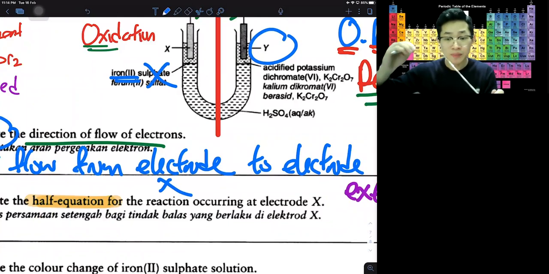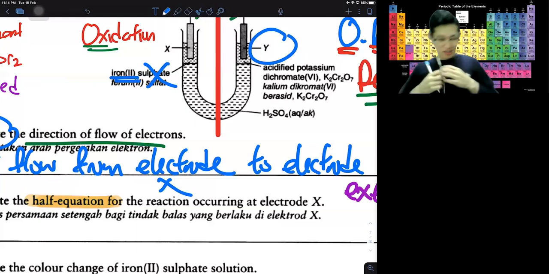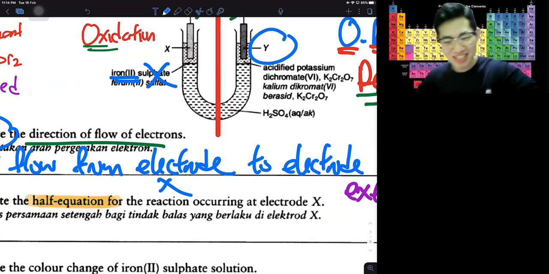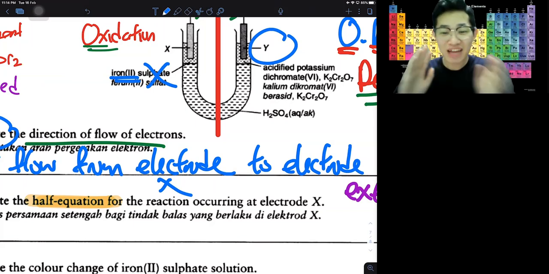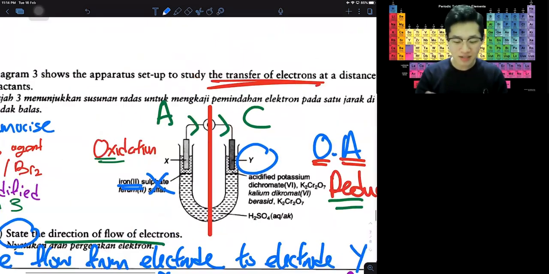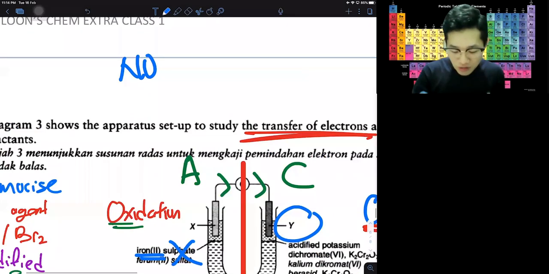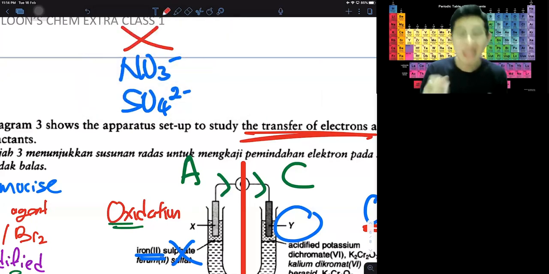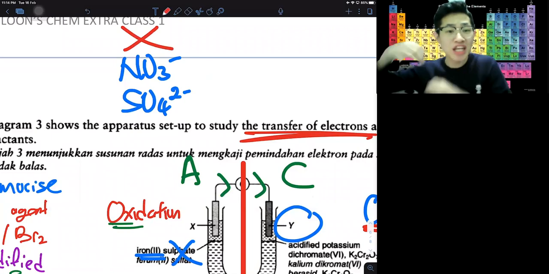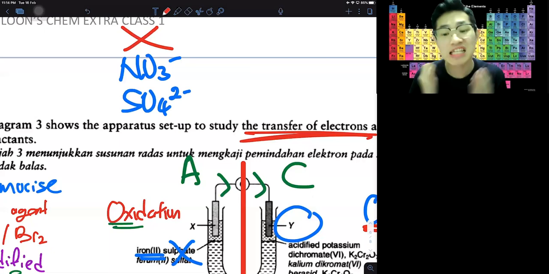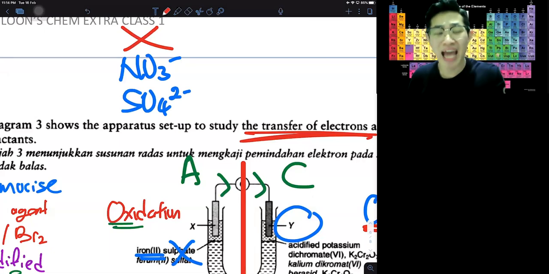According to what we learned in chapter 6, we will never write the half equation of nitrate, sulfate, or fluoride. No, never. Because they are negative ions, they will never have any changes. So this is the negative ion that you don't have to care about.